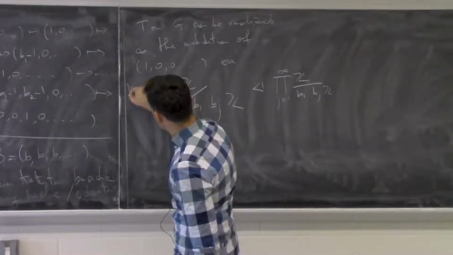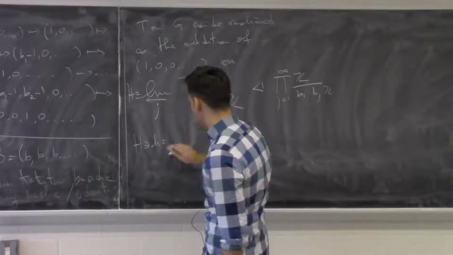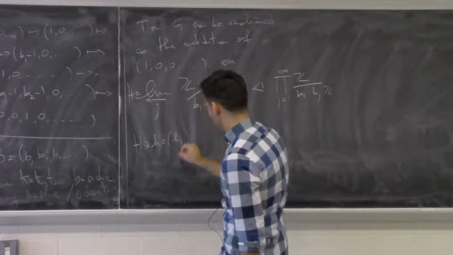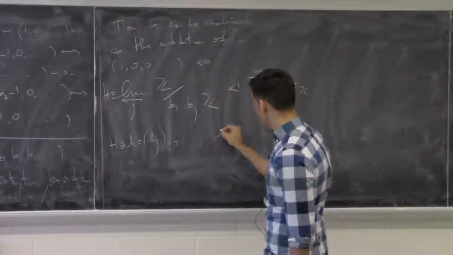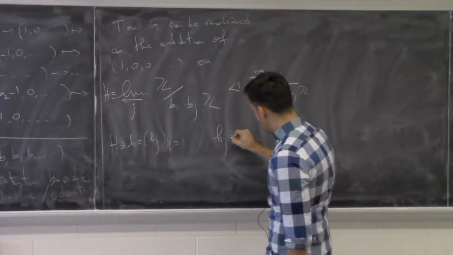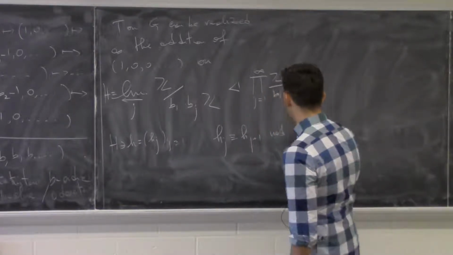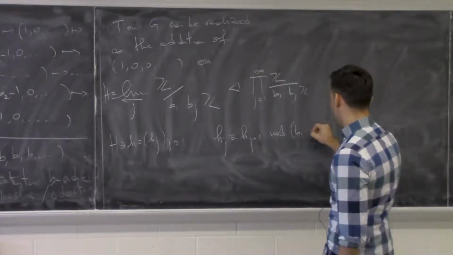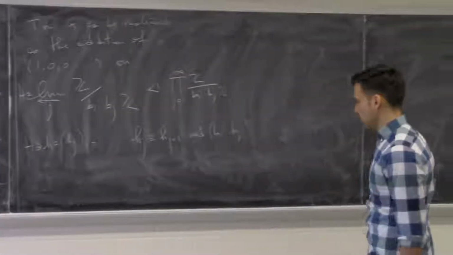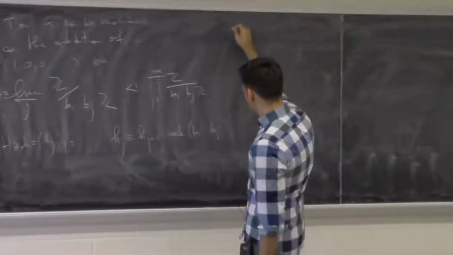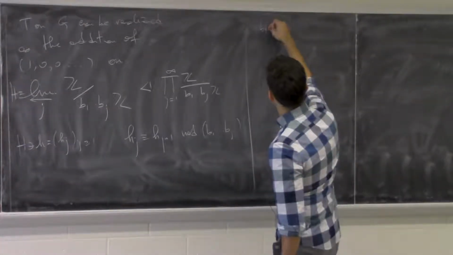So let's call this group H. Elements in H, again, are sequences, so maybe I'll write them as H_j. These are sequences such that H_j is congruent to H_{j+1} mod B1...Bj, I think.